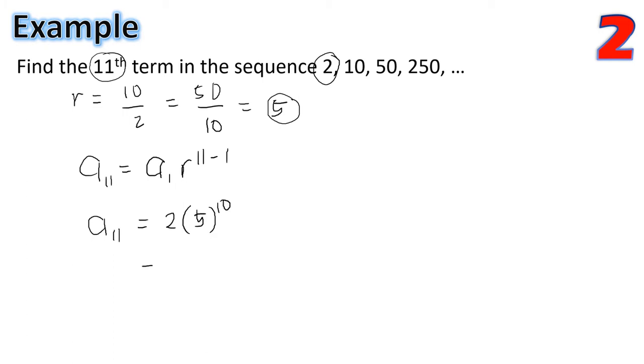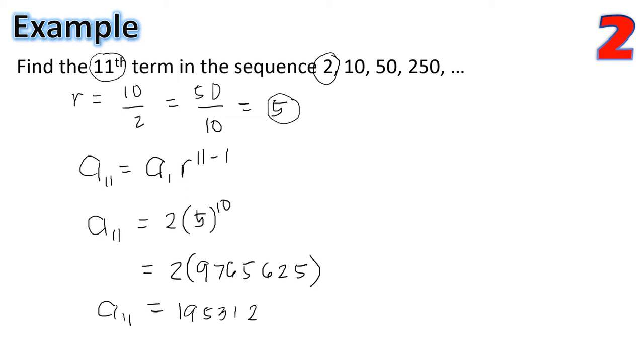So that will be equal to 2 times 5 raised to 10, and 5 raised to 10 is 9,765,625 using a calculator. So a sub 11 or the 11th term is equal to 19,531,250.